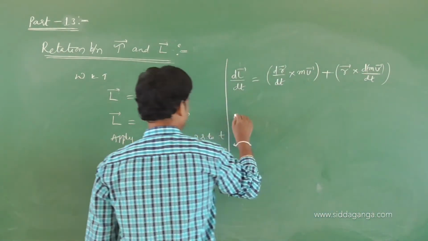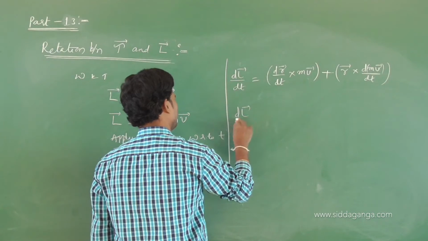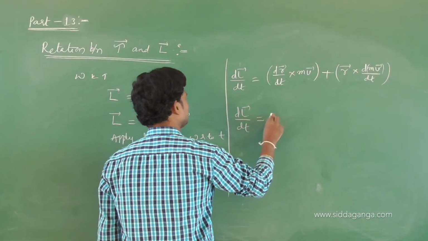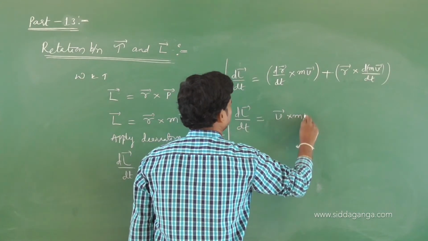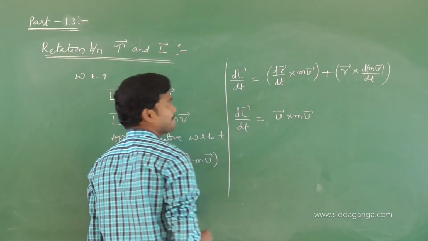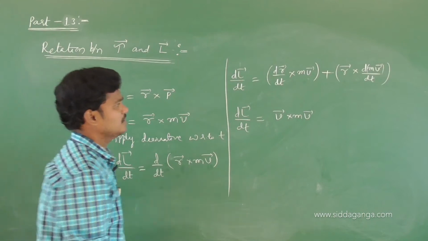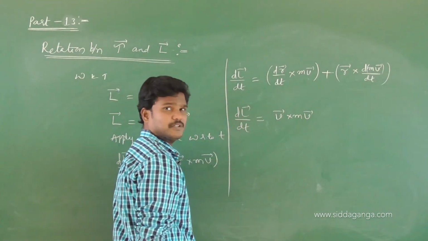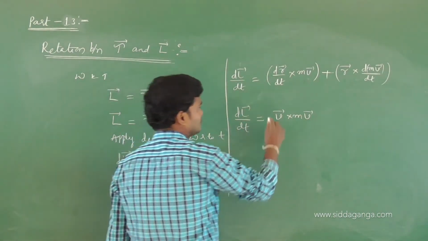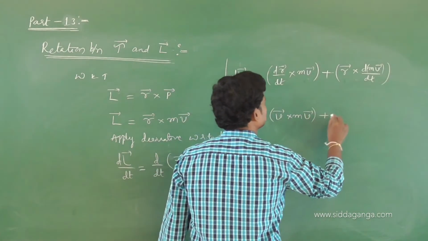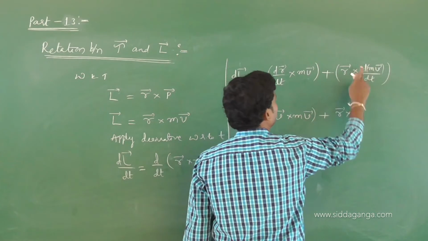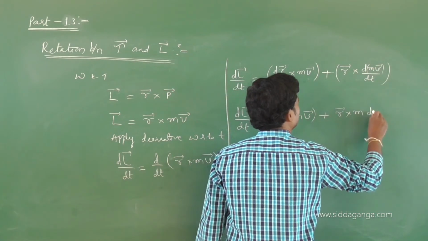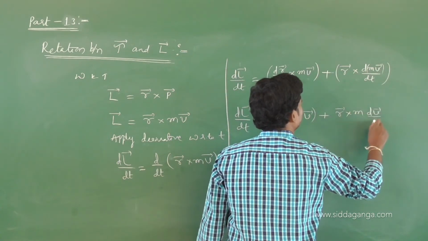So dL bar by dt, dr by dt is nothing but v bar, plus r bar cross, you write m outside, m into dv bar by dt.